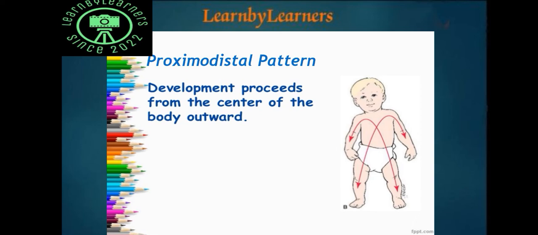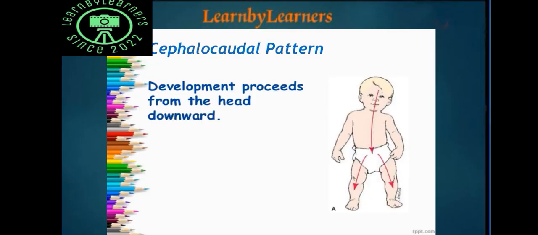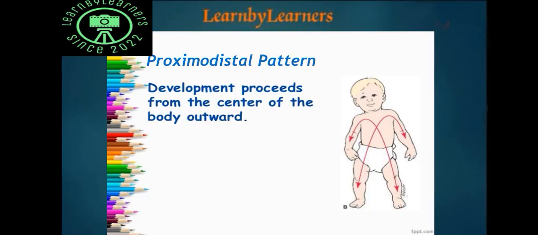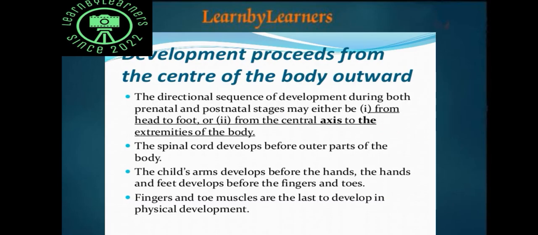So we have seen two special patterns: the cephalocaudal pattern, and the next one, proximodistal. In cephalocaudal, the development proceeds from head downwards, but in the proximodistal pattern, development proceeds from center to outwards, right?